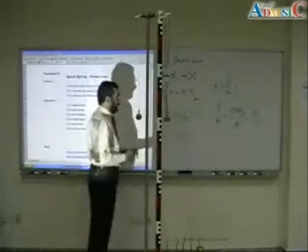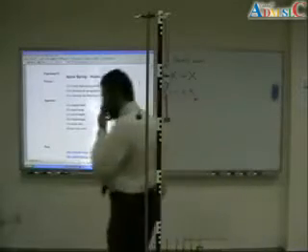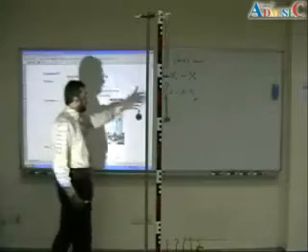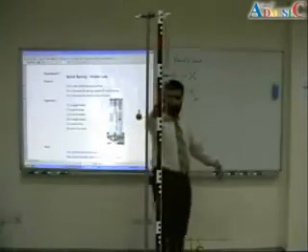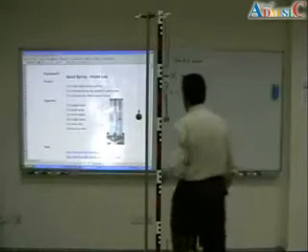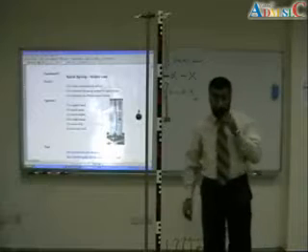The two units are the same. Newton per meter is equal to kilogram per second squared, and we proved that. I don't want to find K in this case. Actually, I'll find K in the other case.